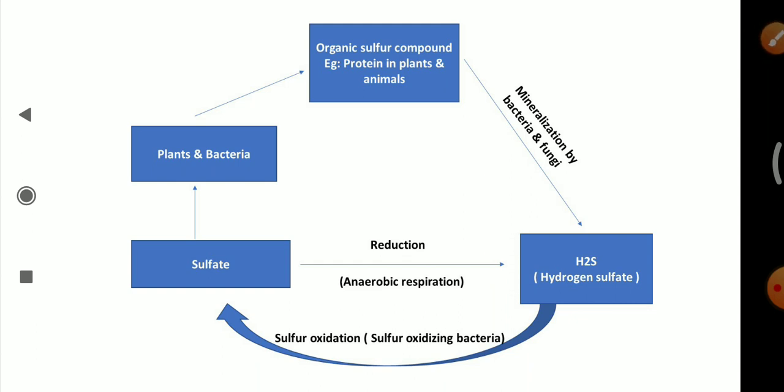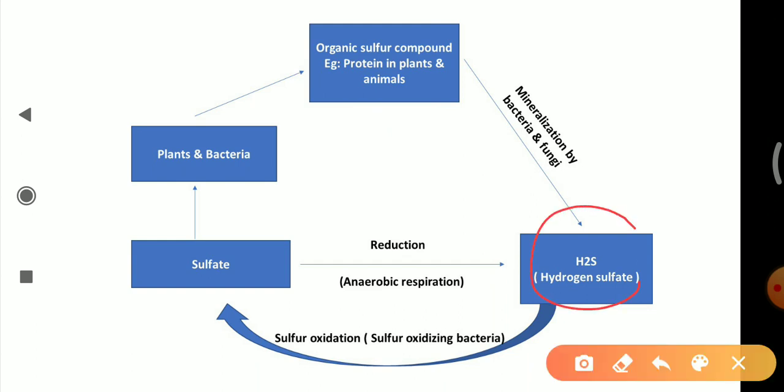First, the sulfur present in the form of sulfate is utilized by plants, bacteria, and animals, which convert it into the organic form. Once converted into the organic form, it can be degraded or mineralized by bacteria and fungi and converted into H2S. Then the H2S that has been formed can be oxidized again to sulfate by the sulfur-oxidizing bacteria, Thiobacillus thiooxidans.